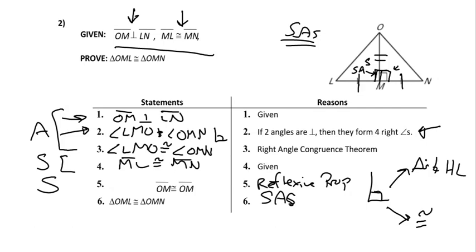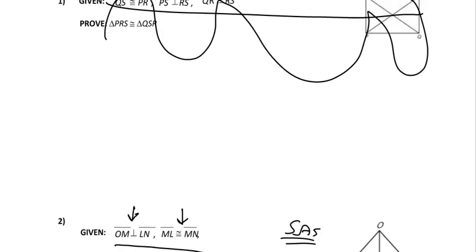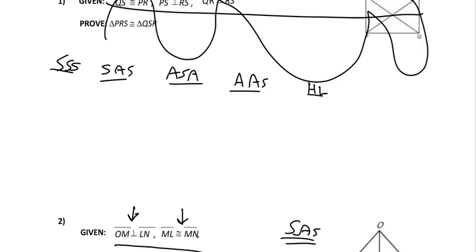Just a little wrap up. We now know SSS is enough for showing two triangles are congruent. SAS is also enough. ASA is enough. AAS is enough. Now, SSA is not, but there is a special case where it does work, so we call it HL when it does work.